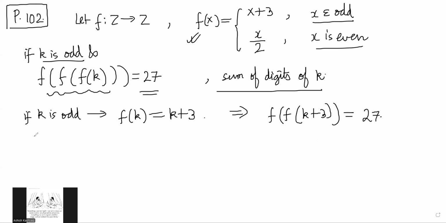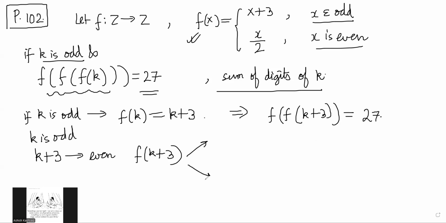Now, since k is odd, we know that k plus 3, the sum of two odd numbers, is going to be even.